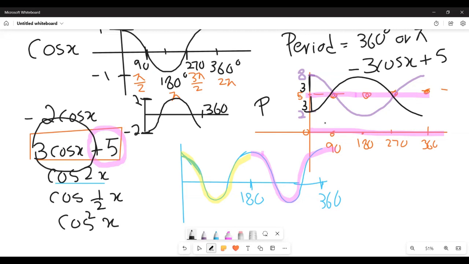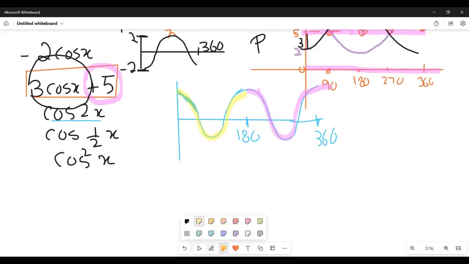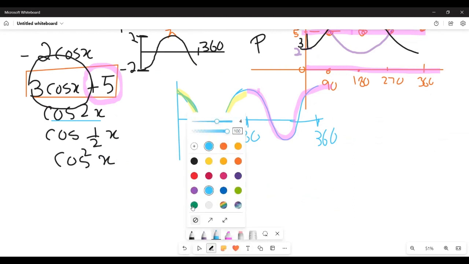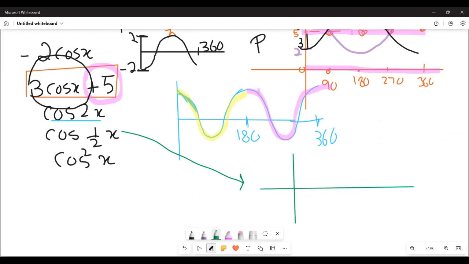Okay, so we discussed cos 2x. Now let's discuss cos half x. So half x means half a cycle gets completed between 0 and 360 degrees. A full cos cycle looks like this, and half of a cos cycle looks like this, so I just have to draw half of the cycle.